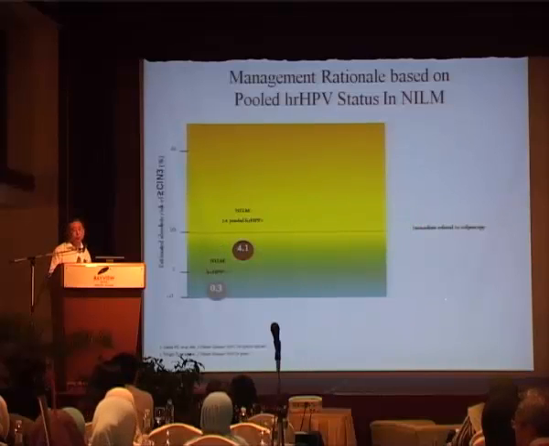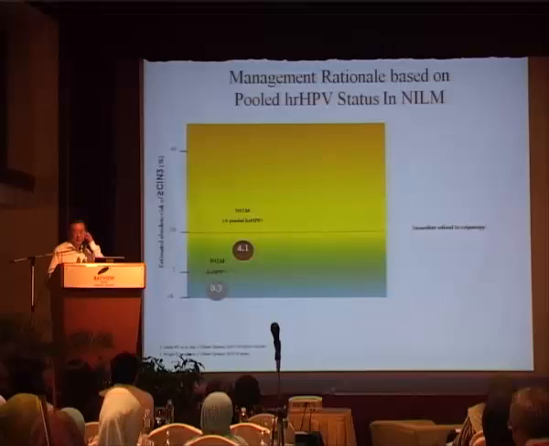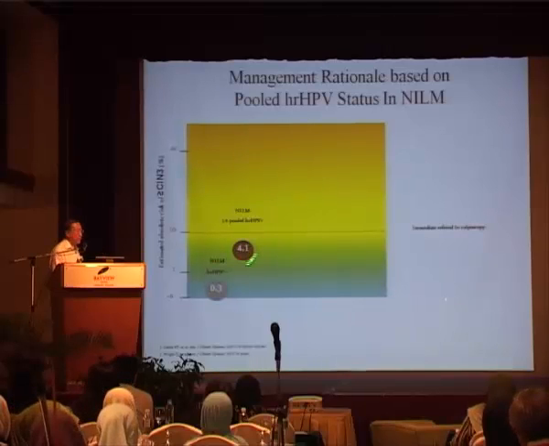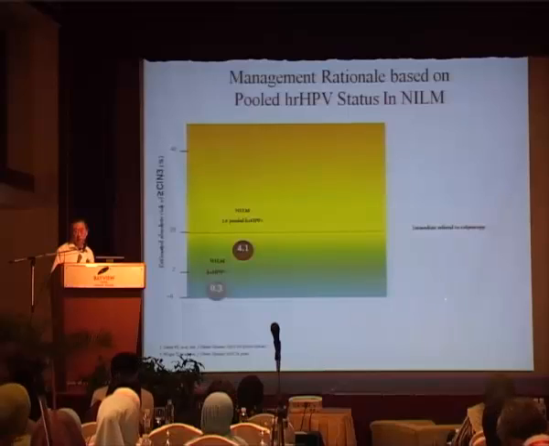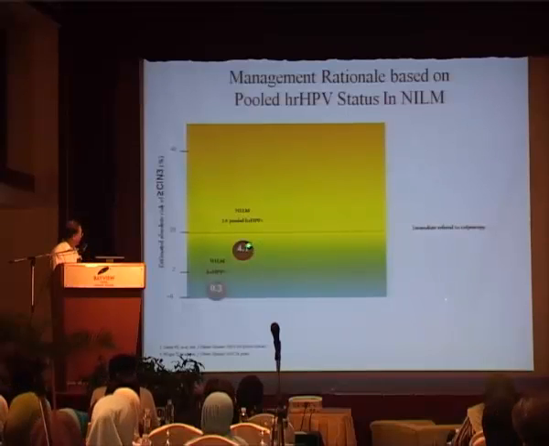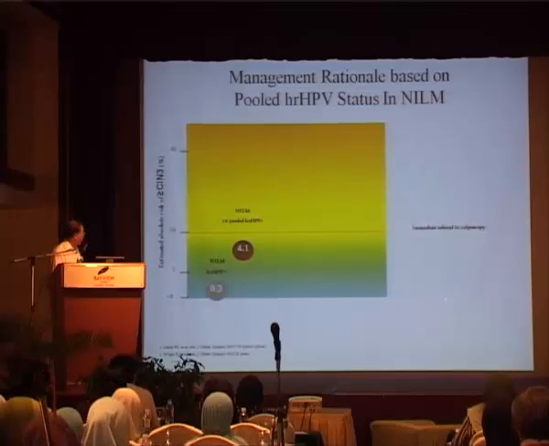That means that if you use the Hybrid Capture tool or one of these technologies, a negative cytology but positive high-risk HPV puts them at a moderate risk of having a CIN3 plus lesion. You can no longer put them at 3-yearly follow-up. You have to do more regular screening.